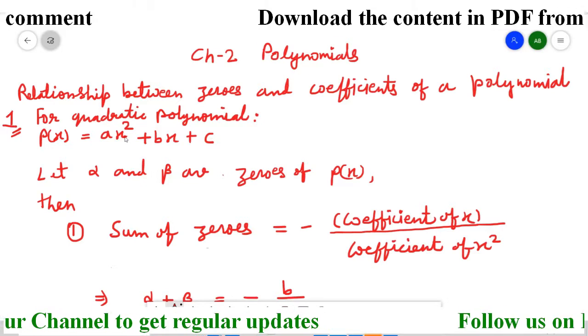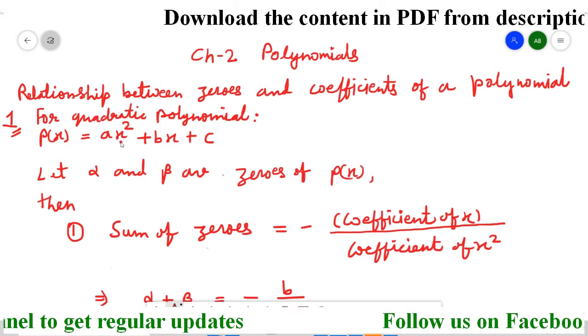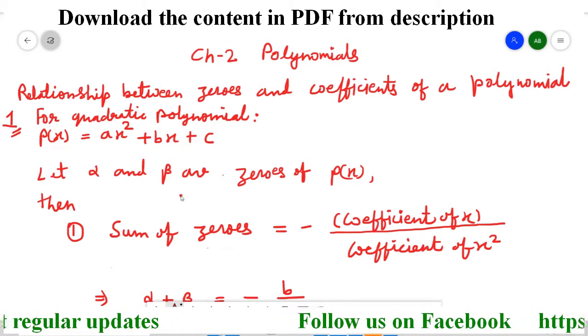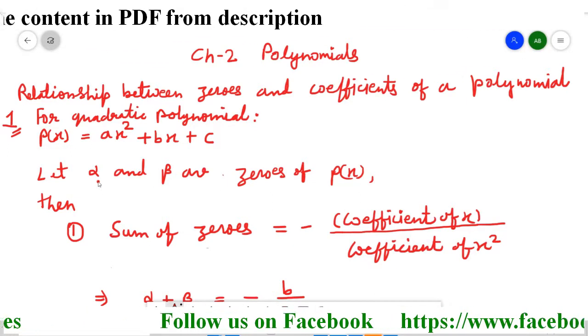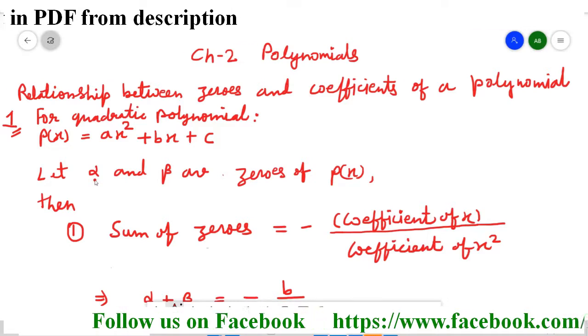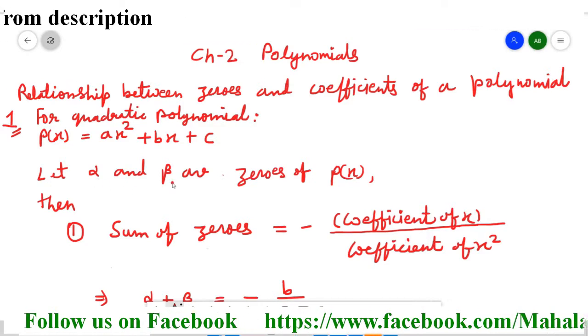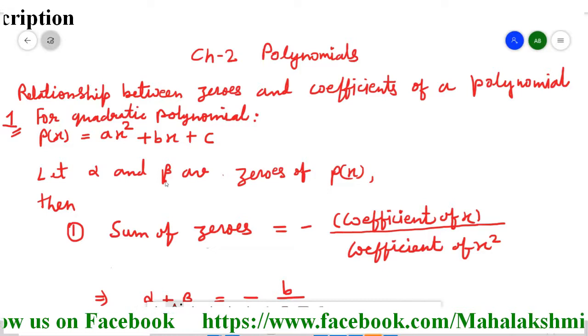Since the degree of the quadratic polynomial is 2, it has two zeros, alpha and beta. These are Greek letters: this one is named alpha and this one is named beta.